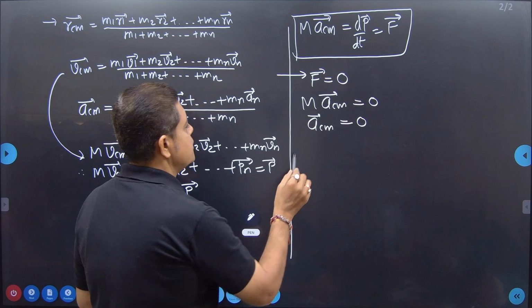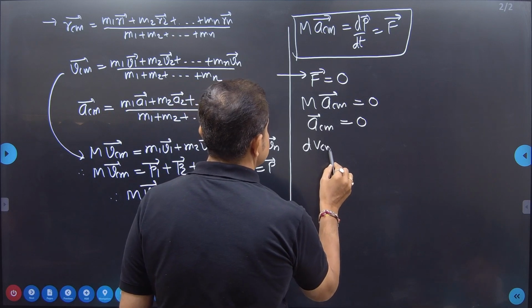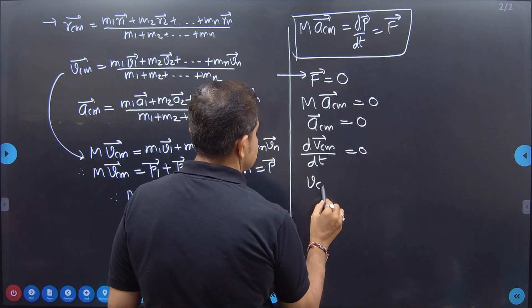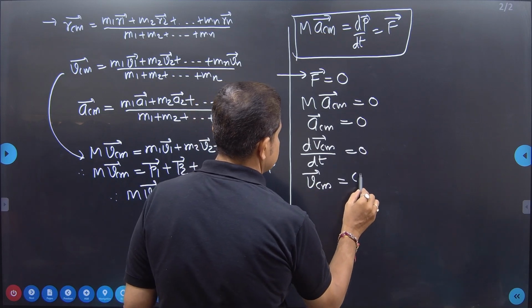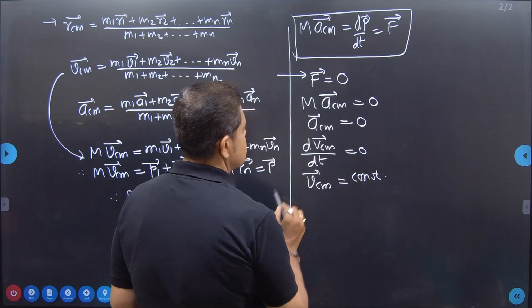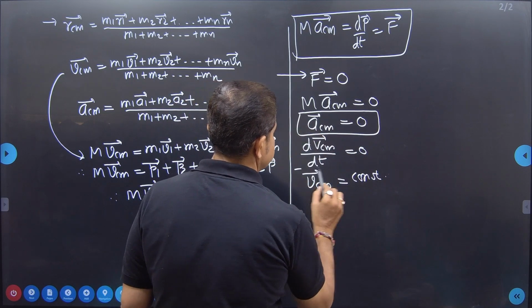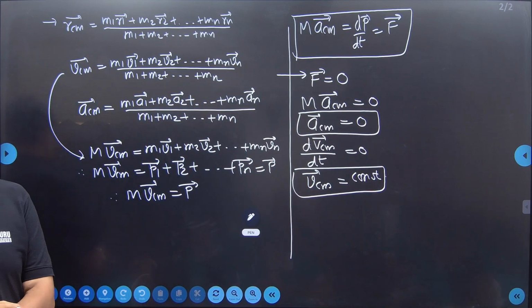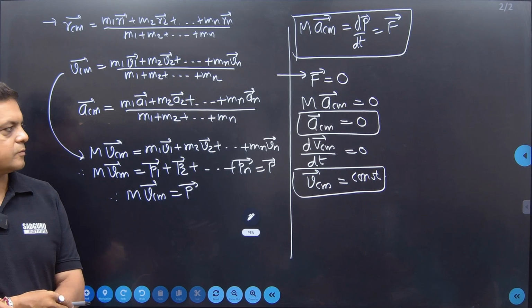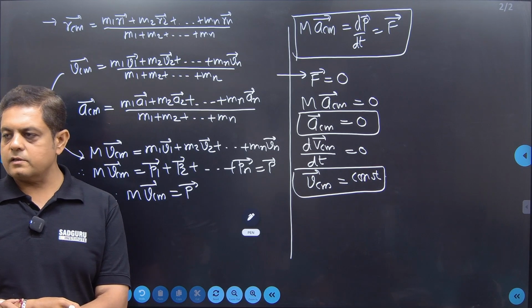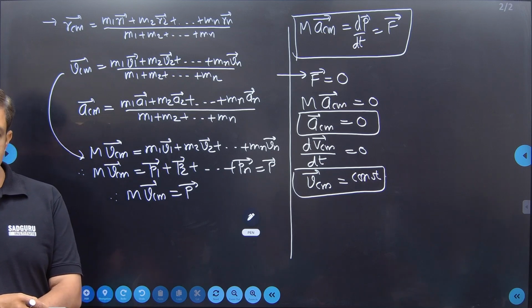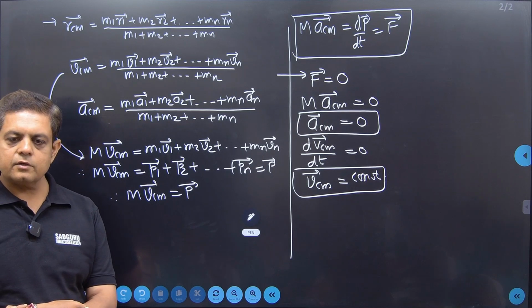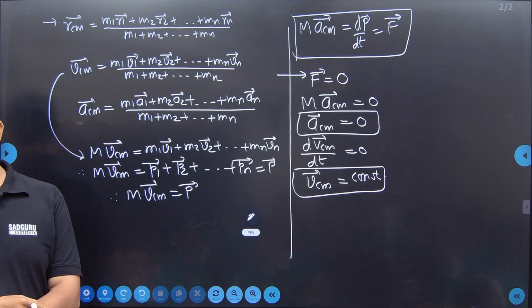But the acceleration of the center of mass can be written as d vcm by dt, so vcm is constant, the velocity of the center of mass is constant. This is important. If the resultant force on a system of particles is zero, then the acceleration of the center of mass is zero, but the velocity of the center of mass is constant.